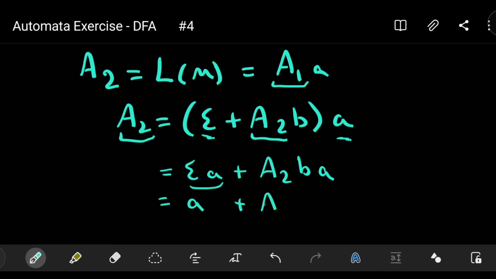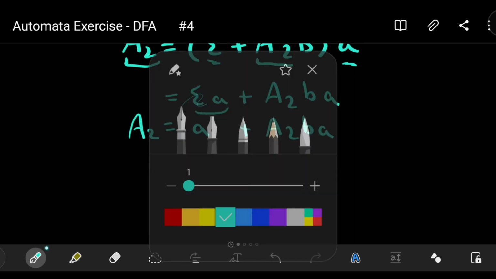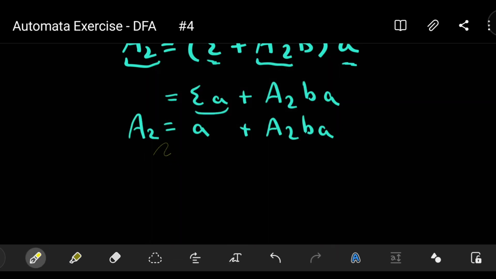Now epsilon A is equal to A plus A2BA, and A2 here. As the formula tells us, this is X and this is X. The part multiplied by X is called u, and the summed value is called v.